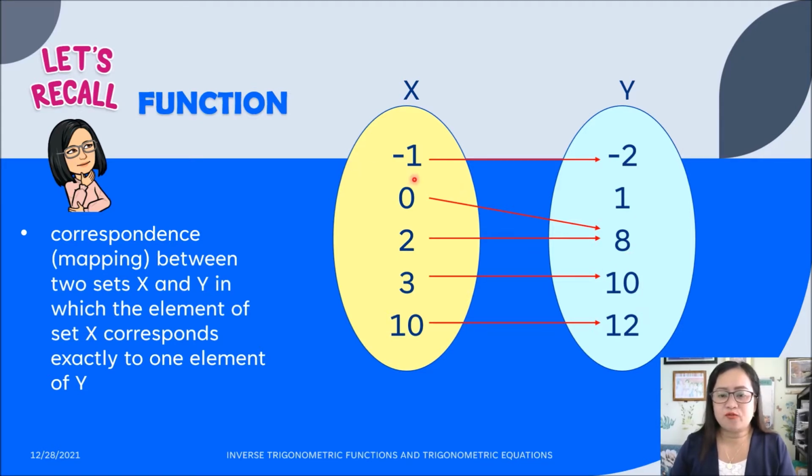Now, negative 1 is mapped to negative 2, 0 is mapped to 8, 2 is also mapped to 8, 3 is mapped to 10, and 10 is mapped to 12. As you can see, each element in set X is mapped to exactly one element in set Y.